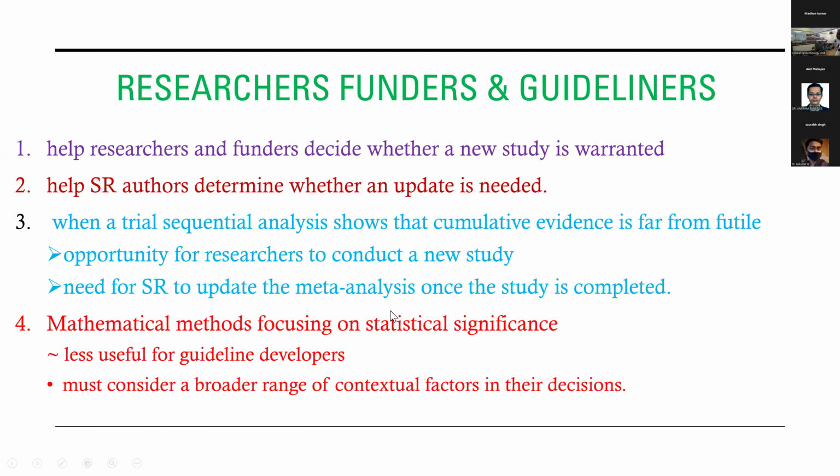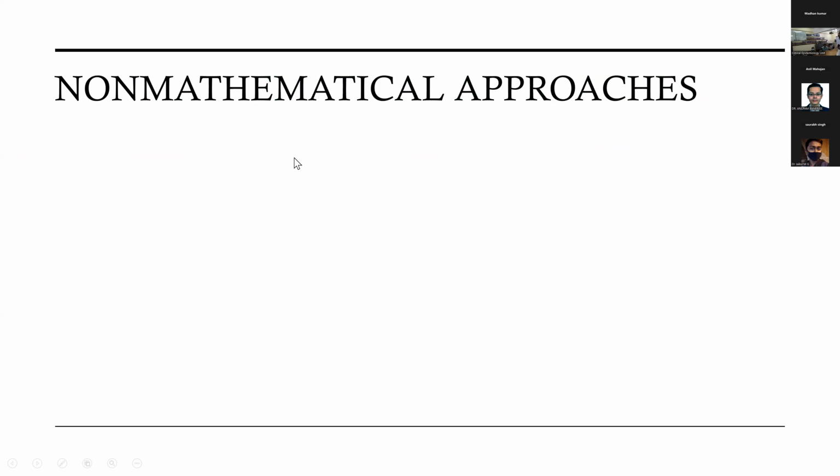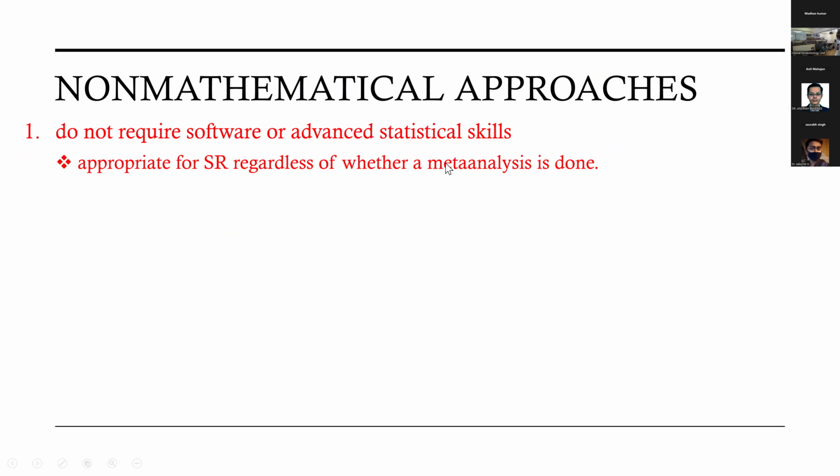The mathematical models which I talked about so far are more on statistical significance, but guideline developers must look at a broader context before they make their guidelines. Non-mathematical approaches like GRADE don't require any statistical skill. So if you don't like maths, you can focus on that part.